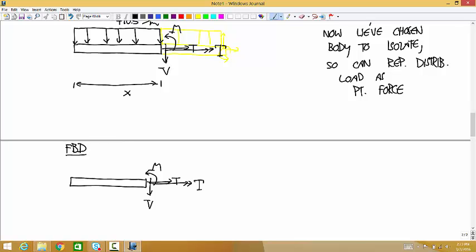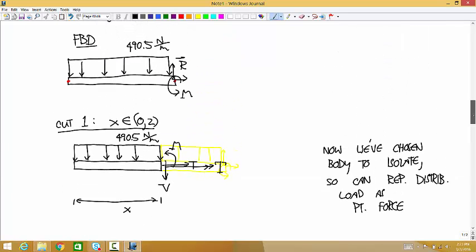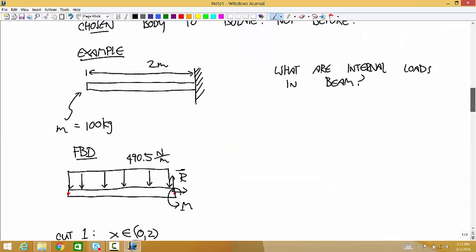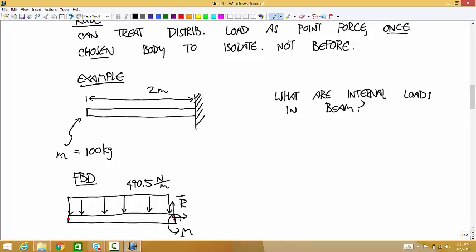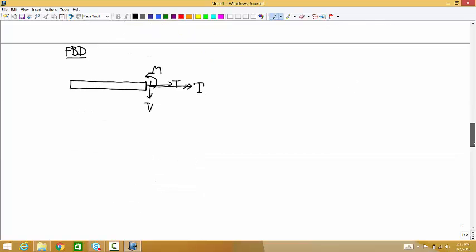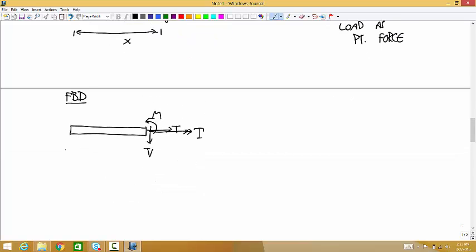And now we want to represent that weight on this piece as a point force. Well, the weight on the whole thing was given initially, right? The weight on the whole thing is 981, but we're not looking at the whole thing. We've chosen this small piece that only has a length of x, so only some fraction of the weight is acting on this.